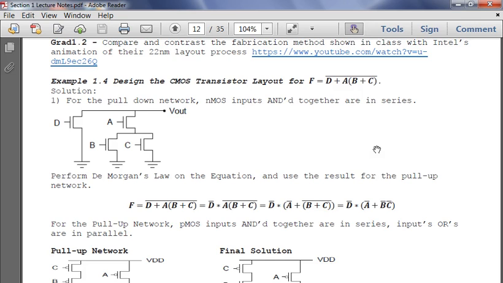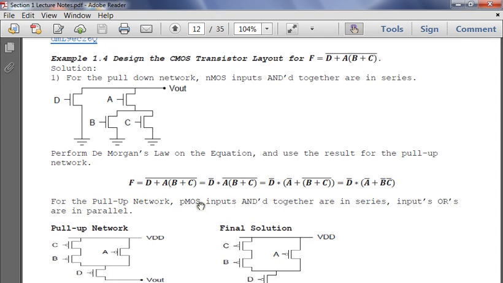You can either put D here, like so, or you can put it down here. Right? Either of those work. It's logically equivalent. So that makes sense how we did this 1.4 here.